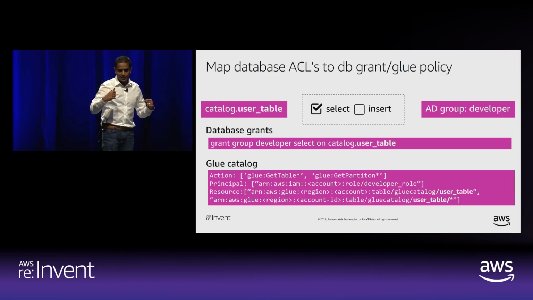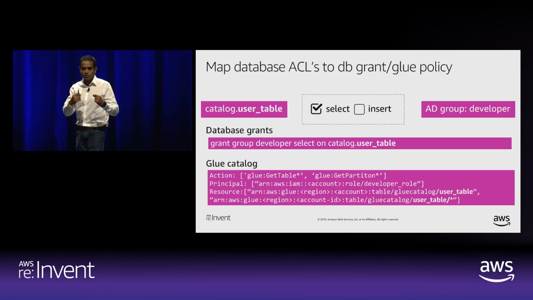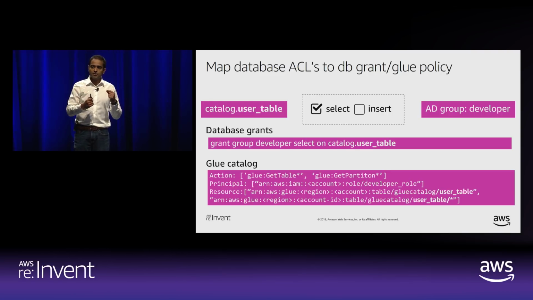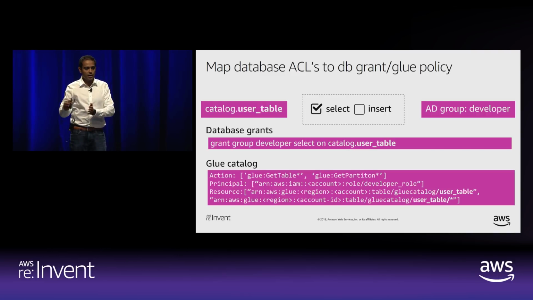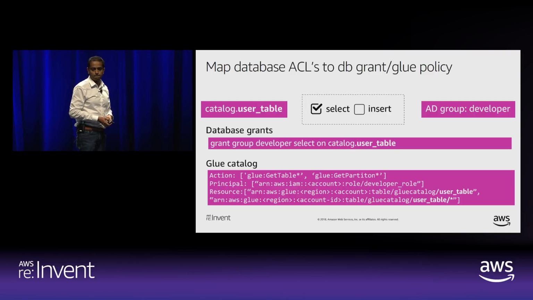So as a security administrator, it's important to understand how this mapping works, because it changes this whole idea of doing ACLs at a database level that you're used to on-prem with traditional relational databases, compared to how you would do that with separate compute, storage, and metadata catalog.